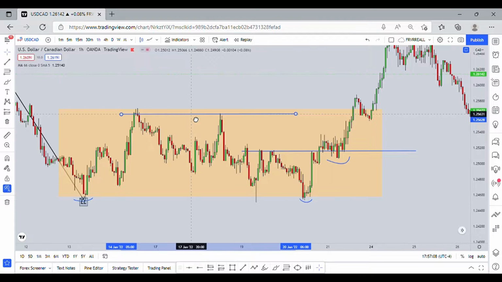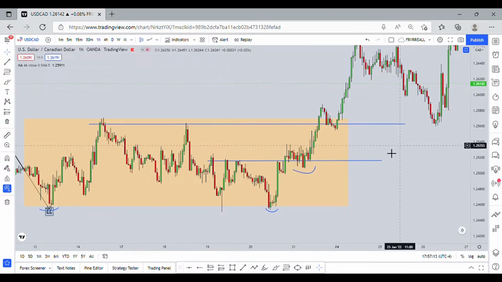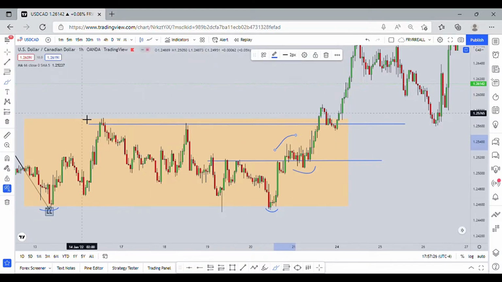But price breaks them nonetheless, makes a higher high that is higher than this previous high, as well as these highs. So this is a very important high.